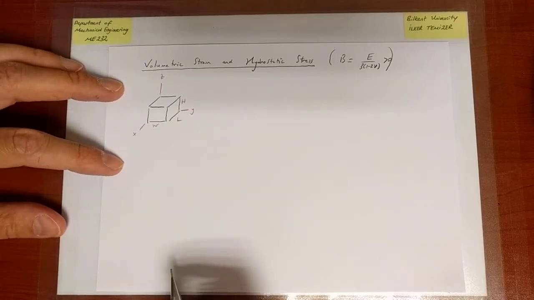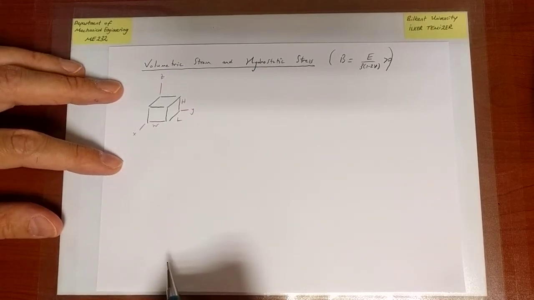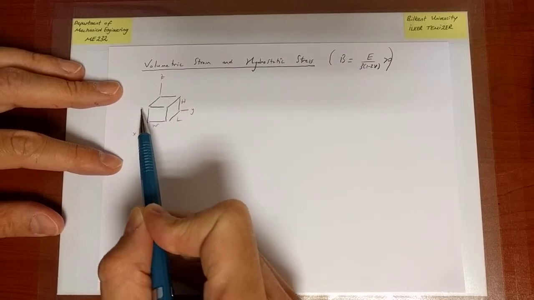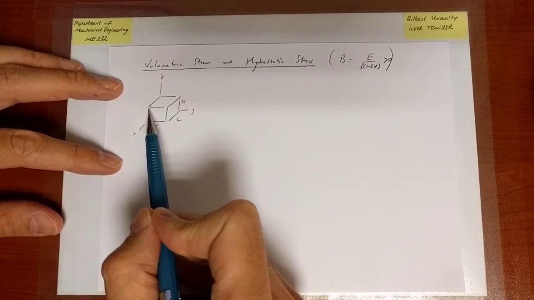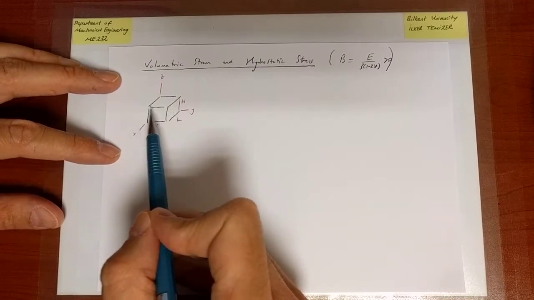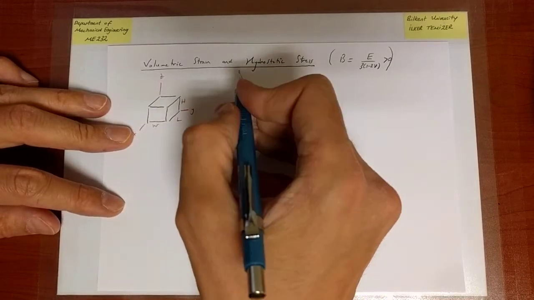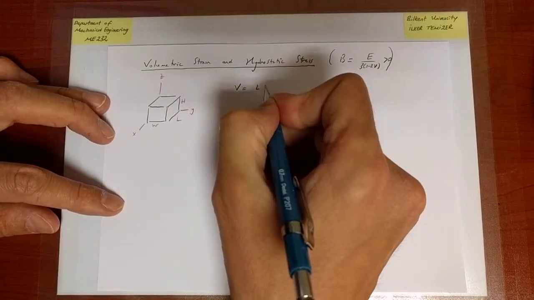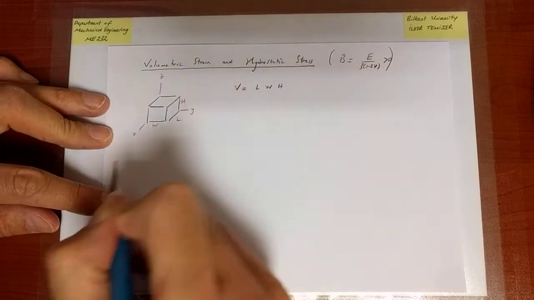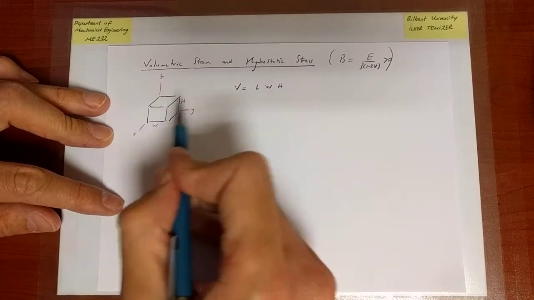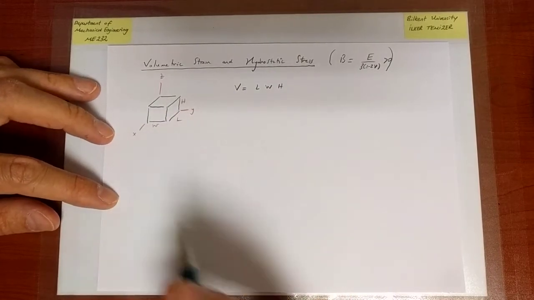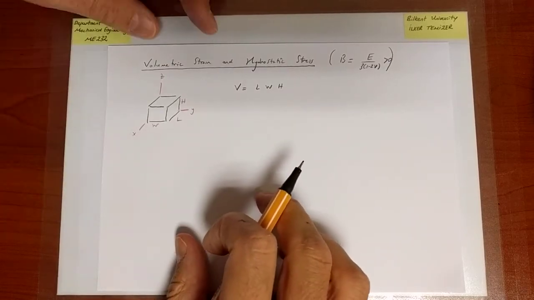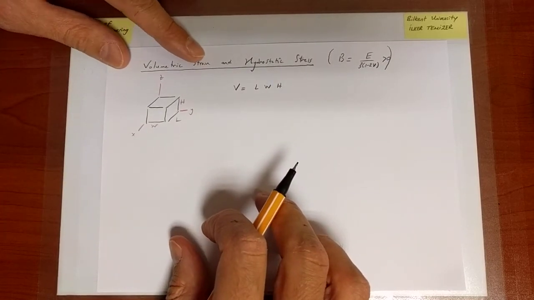So we will try to calculate the change in the volume of this block when we subject it to certain stresses. The initial volume is clearly L times W times H. And we are interested in the new volume after the deformation occurs, and the deformation occurs due to both normal and shear stresses.